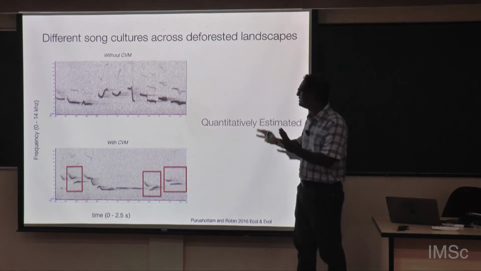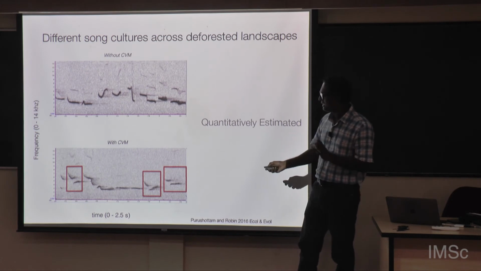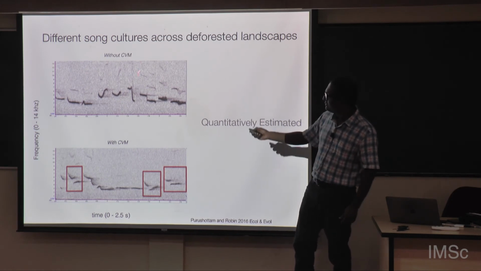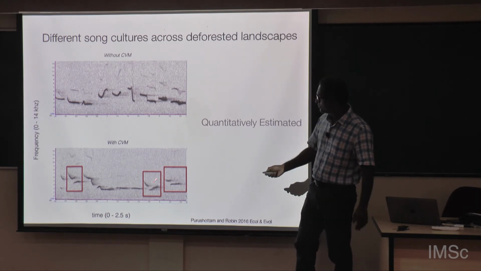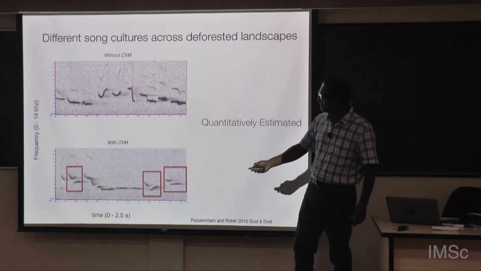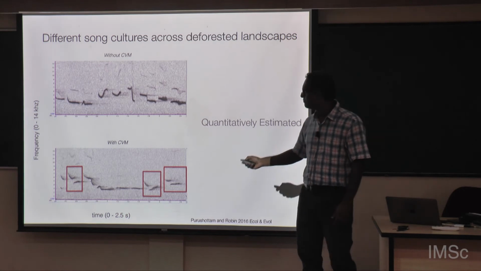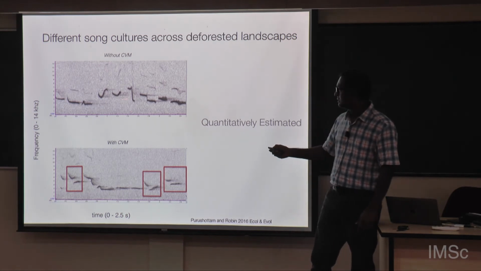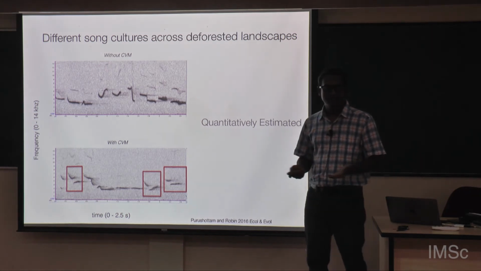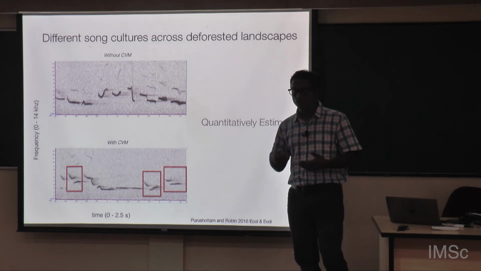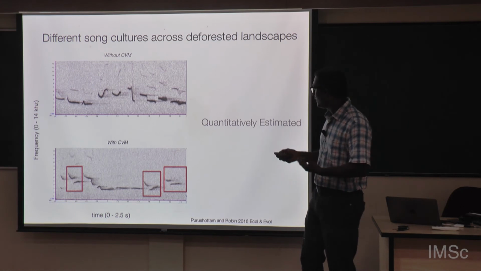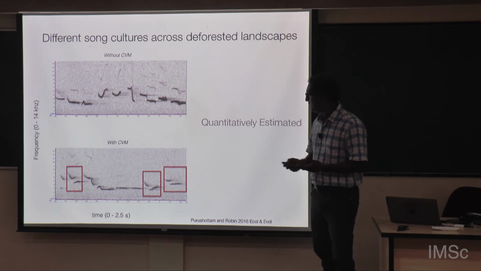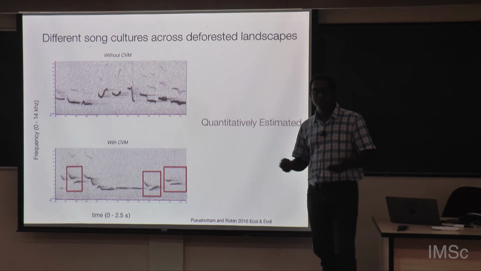But for simplicity's sake, we could just call it dual syrinx, or the CVM. What we noticed was that some individuals seemed to be making two sounds at the same time, but some of them did not have those sounds coming at the same time. So we quantified this. We estimated how frequently this happens.